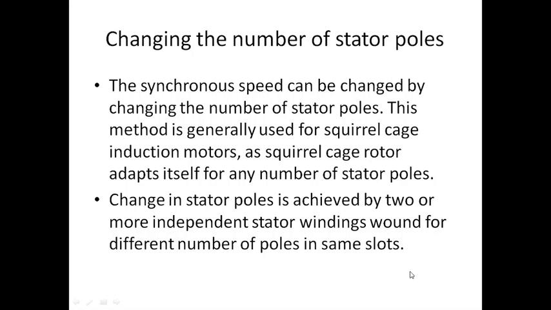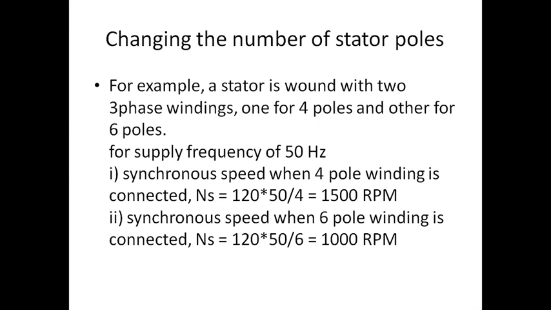With respect to your stator poles, when I change the stator poles, I'm going to control the speed of my induction motor. This method is generally used for squirrel cage induction motor and not slip ring induction motor. An example is given.